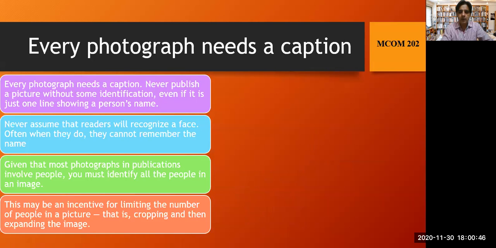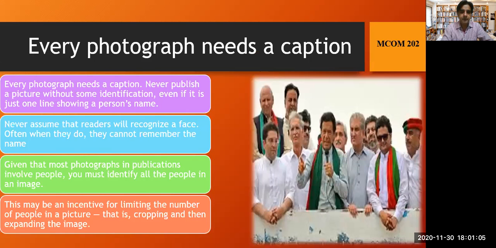You should know that in news business, if you are publishing in a newspaper and you are publishing pictures, every picture, every photograph needs a caption. Never ever publish a picture without some identification, some kind of caption, even if it is just one line showing a person's name, but there should be some kind of caption.